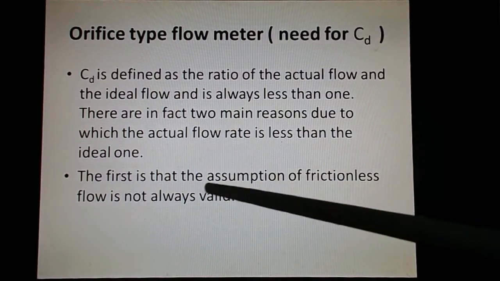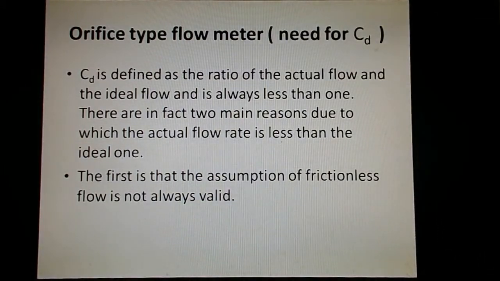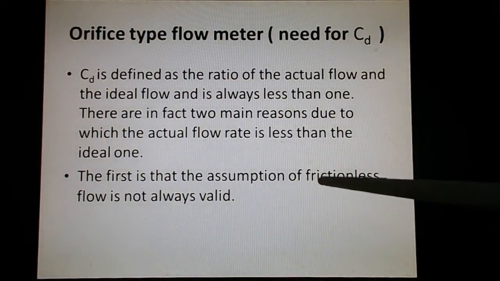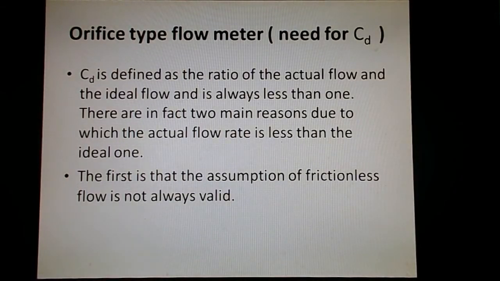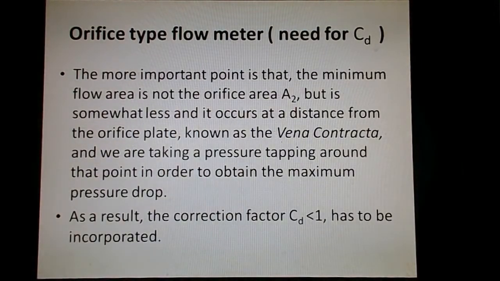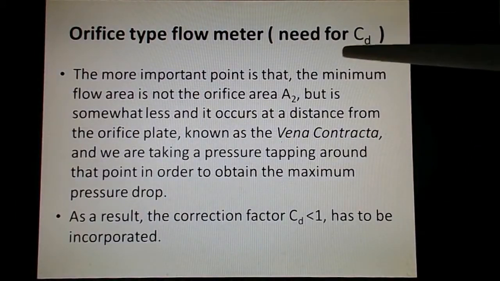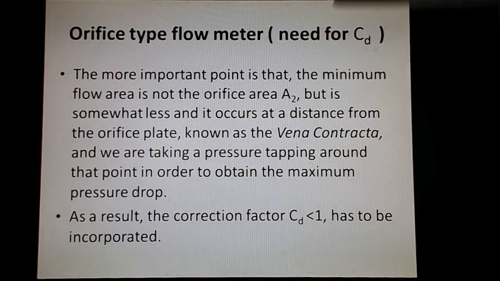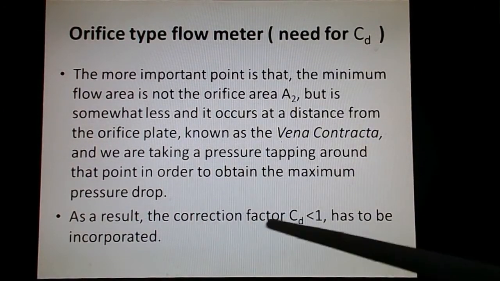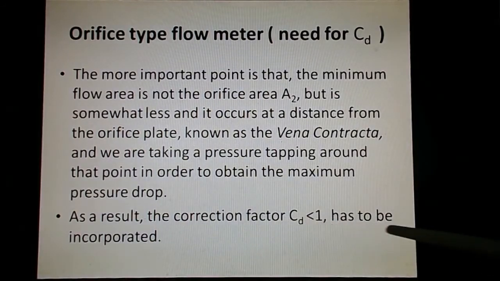The first factor because of which the coefficient of discharge is to be introduced is because the frictionless flow is not present, and second is because of the difference of area between A2 and the vena contracta. So as a result, the correction factor, coefficient of discharge less than 1, has to be incorporated.